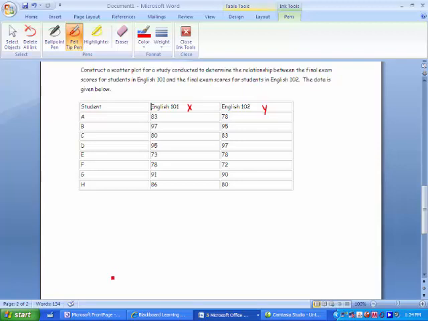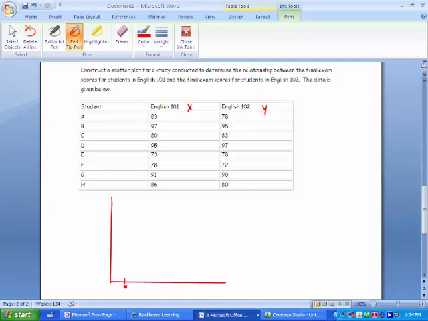And so I'm going to begin by drawing my x and y axes. And we need to determine an appropriate scale for both the x and y axis. So looking at my x values, I notice that the smallest value is 73 and that the largest value is 97.